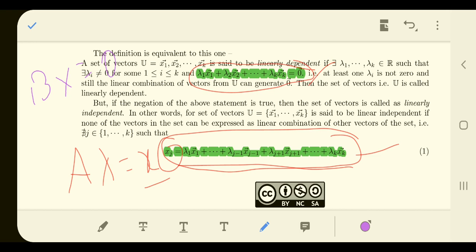So essentially we are getting two different equations out of these things. One is saying A lambda is equal to x, another is saying B x is equal to 0. Both of them are equivalent to this one.